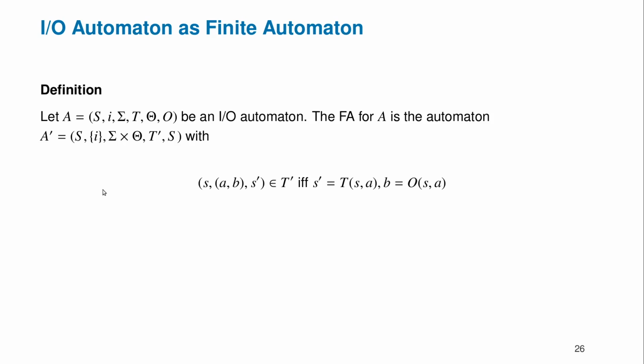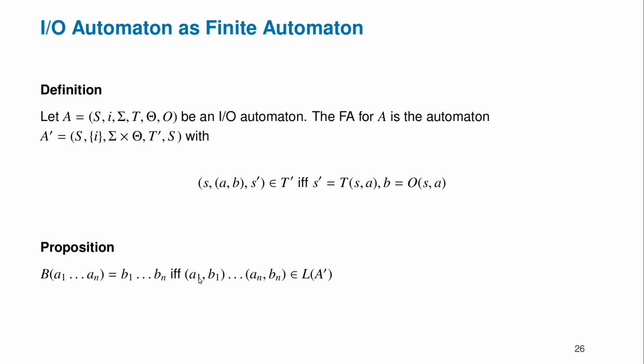And now, how does the behavior of the I/O automaton and the finite automaton relate? If we have an input word A1 to AN that is read by the I/O automaton and it produces a word B1 to Bn, then there is a word in the language of A prime that has the following form.